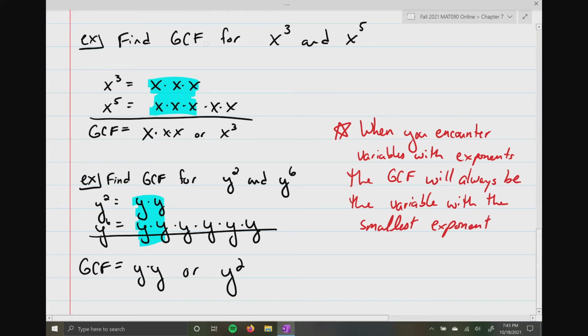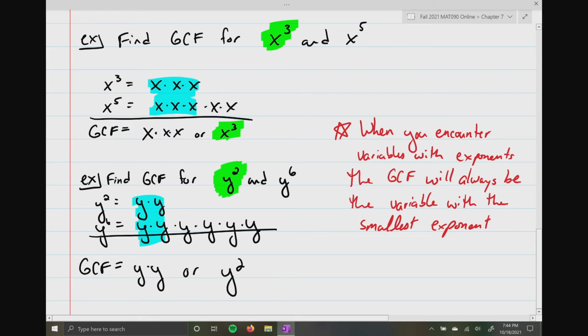Well, I'm going to use green now. Notice in the first problem, find the GCF for x to the third and x to the fifth. Boom. That's smaller. It has, the degree is smaller. It's 3 compared to 5. Notice, what was your GCF? Your GCF was x to the third. Look at the second example. Boom. The GCF for y to the second and y to the sixth.